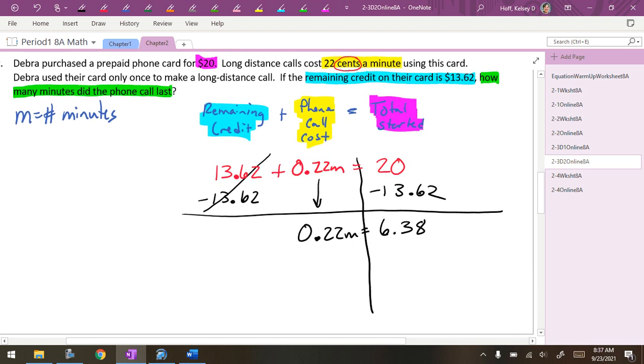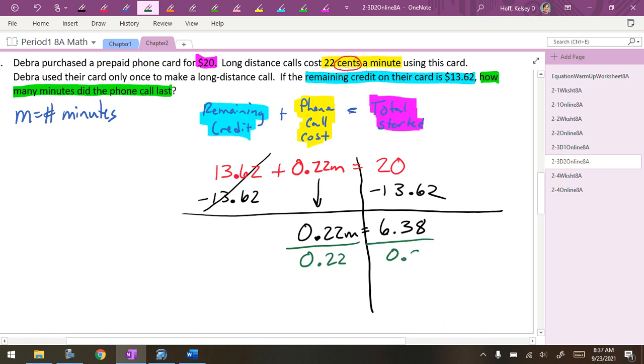Yes? Somebody else I have not heard from today. What is my next step? Raise your hand and tell me your next step. Bryce. Very good. And make sure it's 0.22. We're going to divide by 0.22. Type that into your calculator carefully.